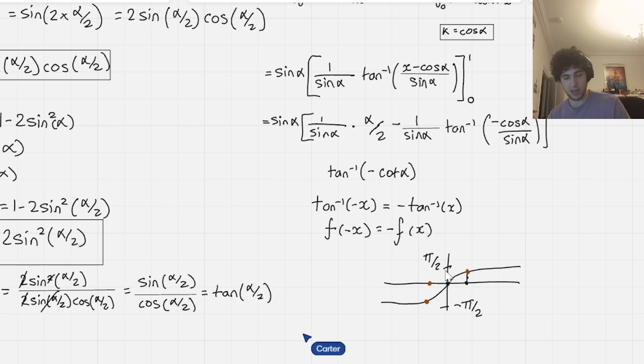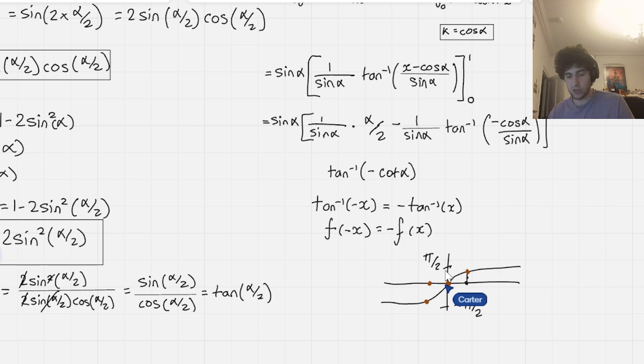In other words, it's symmetric about the origin. Now that isn't particularly rigorous, but you can make it rigorous, and I'll leave it as an exercise to think about how you could do that.